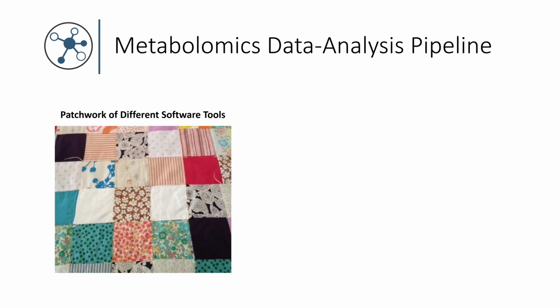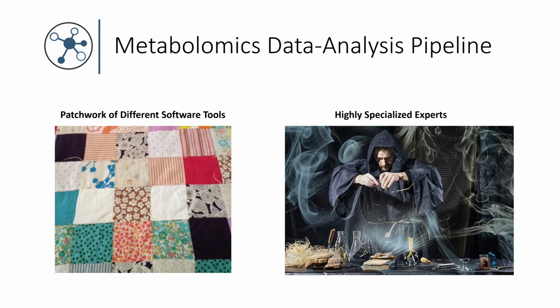Fortunately, there is a pretty big variety of different software solutions for metabolomics data analysis, many of which we assemble in this very colorful patchwork of data analysis pipelines. Over the years, we typically become highly specialized metabolomics experts, and we master the magic of mass spec data analysis.